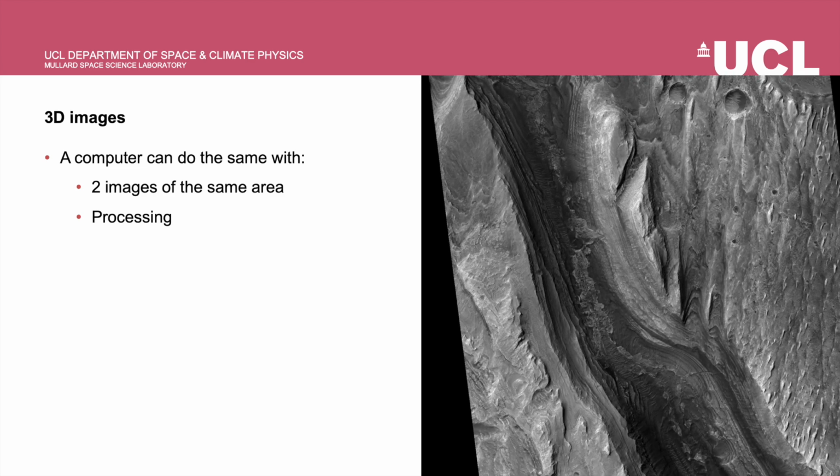So you're seeing the left and the right images. Each image is showing a slightly different view of this area, and you're getting different information, right? So the computer or a computer program can take those different bits of information, if they know where the camera was when it took these images, and resolve that into 3D data.